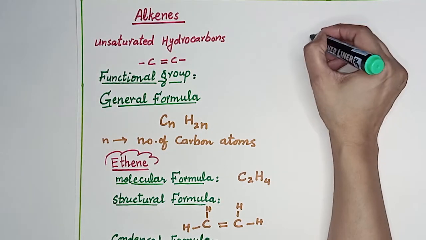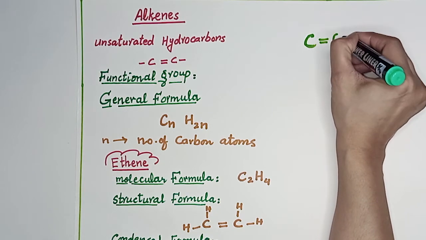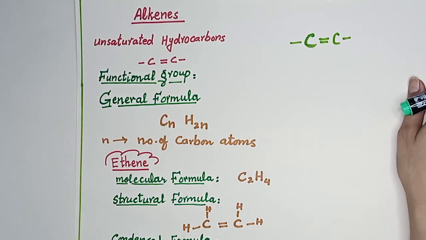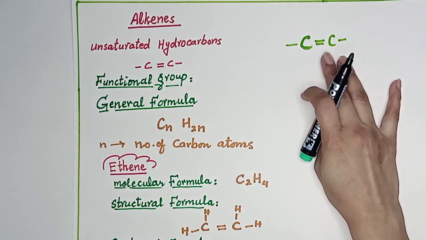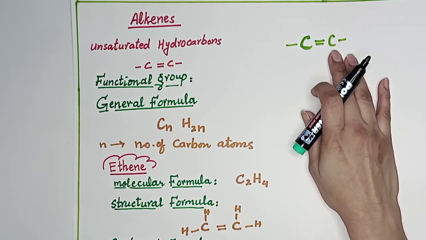Whenever you will get this C double bond C in a chain, then remember that this is a compound of alkene because this is the functional group of alkene. And functional group is that group which gives its characteristic properties to this compound.